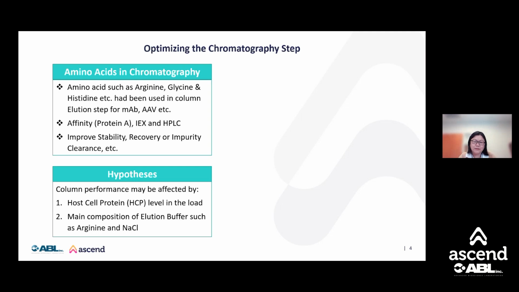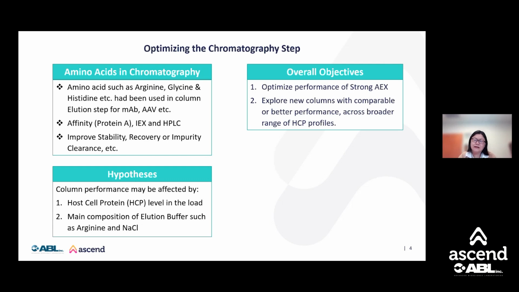Therefore, we hypothesize that for LVV purification, the column performance may be affected by at least 2 factors: the whole cell protein level in the load and your choice of elution buffer, such as arginine or sodium chloride. Our overall objective for this study is to optimize the performance of our strong AEX and also look for alternative columns with comparable or better performance and with a broader or different range of HCP profiles.